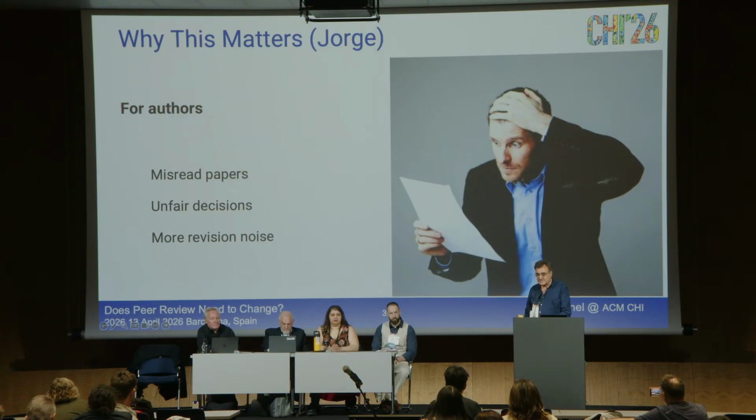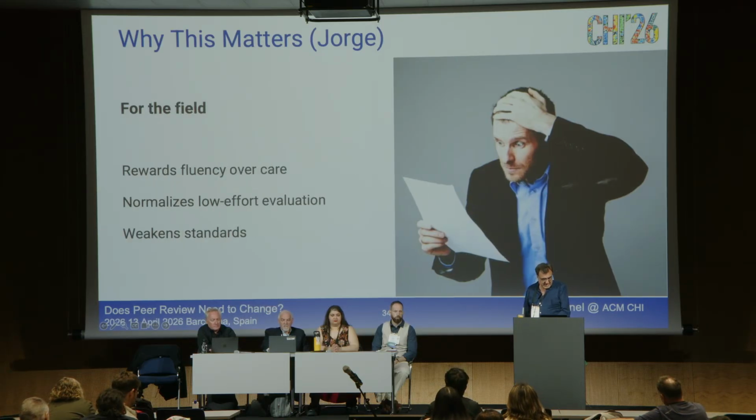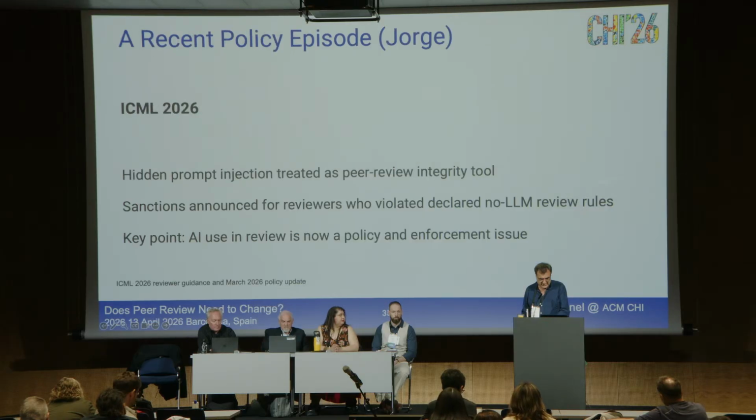And for authors, this might mean unfair decisions. We've all been there, of course. And more revision noise. And this will reduce the trust in reviews. Harder jobs for ACs and PCs, for associate chairs and program committees, and more appeals and disputes. And for the field, you will get low-fluency, low-effort evaluation, and weakened standards.